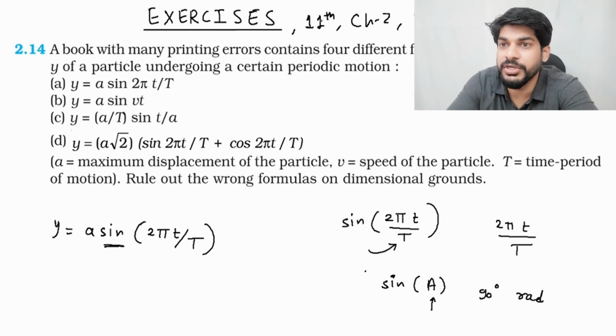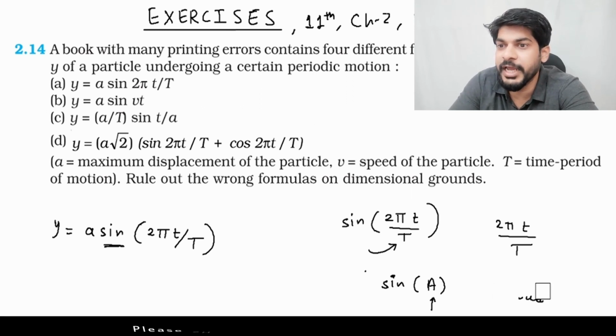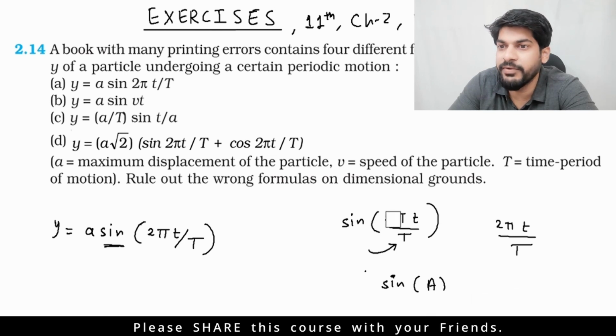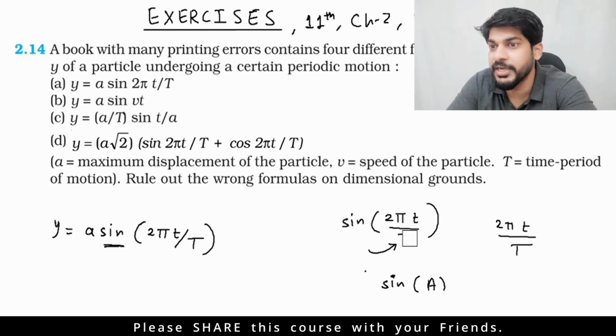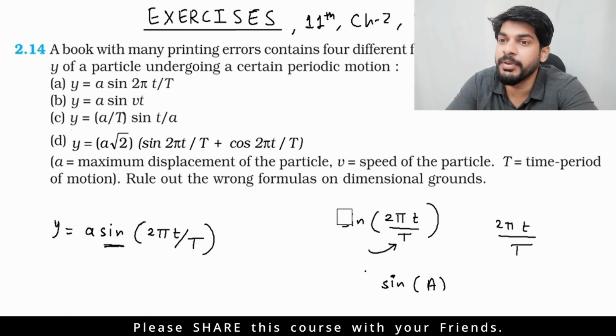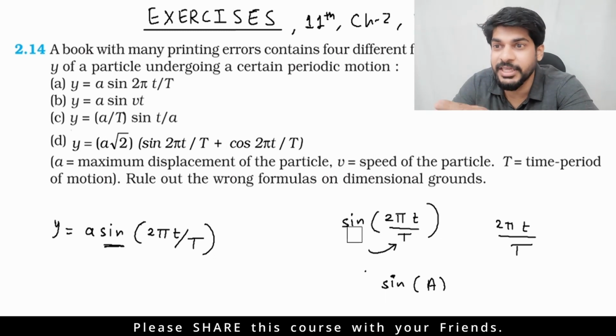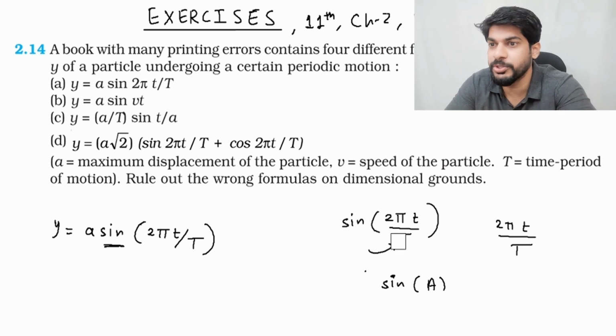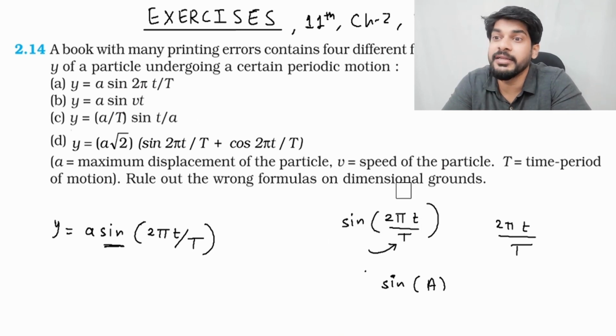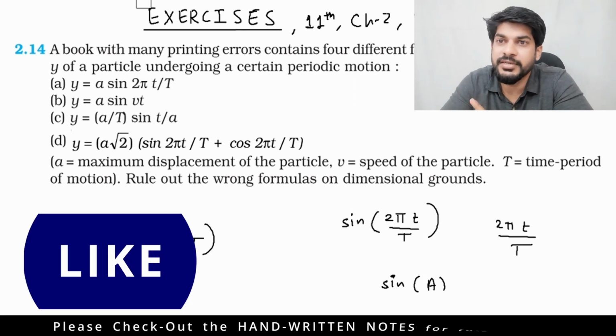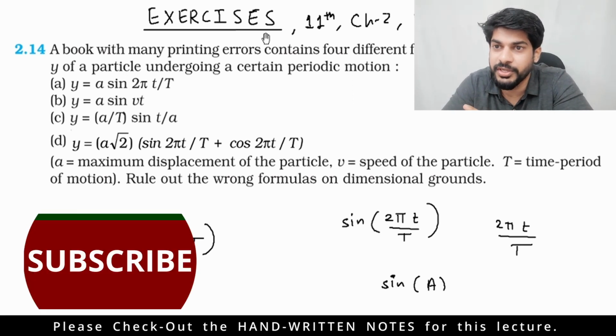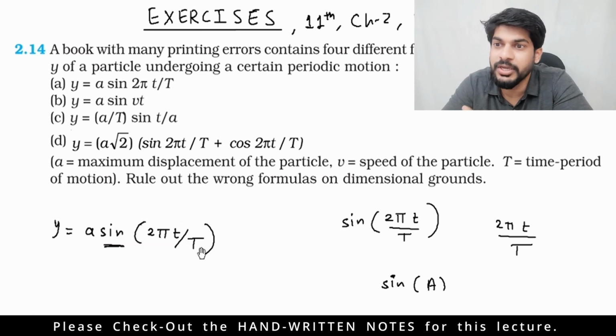So whatever is the term inside the sine function or any trigonometric function, that should be dimensionless. Also remember that the sine function itself is dimensionless. So these are some tests that any equation over here should pass. Then only we can say it is dimensionally correct.